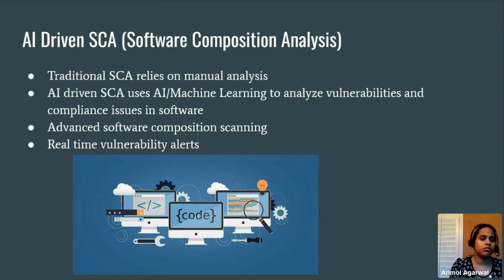So this is also used for advanced software composition scanning and real-time vulnerability alerts. Basically the main idea behind this is that AI is being used not only to analyze the code much faster than we could do manually, but you can also use it to give you alerts based on vulnerabilities that it sees. So it's really just AI looking at all these different patterns, and from that, it knows what to alert you on.